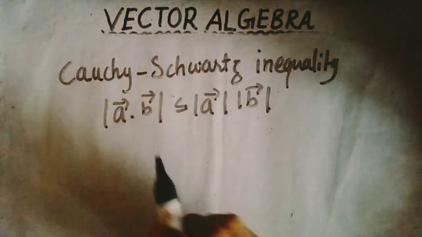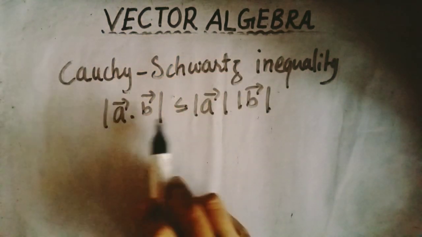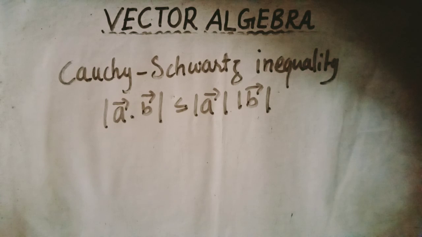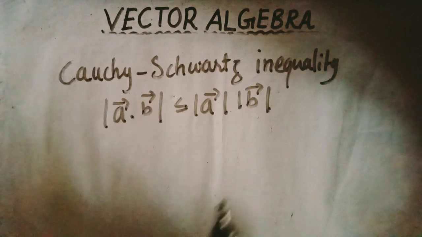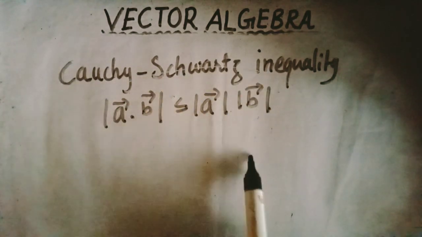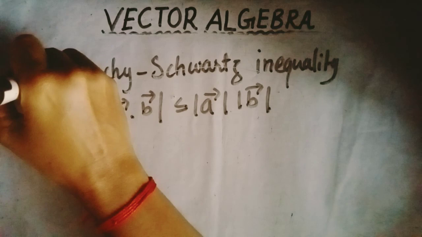This is derived from your angle between the two vectors, that is cos theta. So we take value of cos theta is always less than or equal to 1. So taking that, you get this inequality. Okay, this is first inequality.